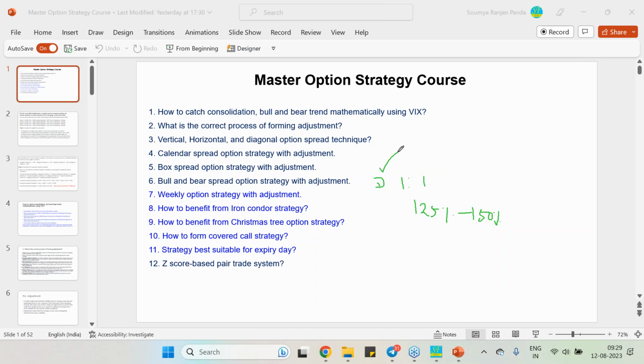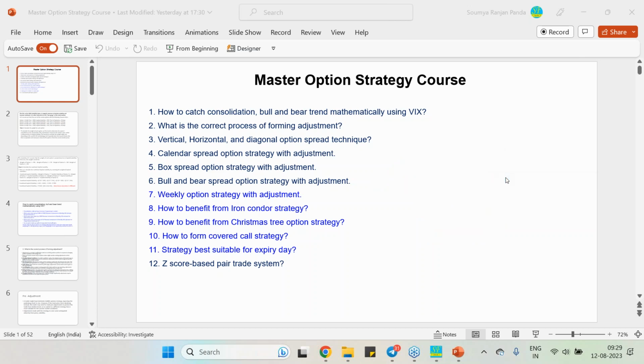Similarly, whenever you are coming to the put options, this rule has a small tweak, 100 to 125%. So this is also there. Bull bear spread, if we initiate in that order, we will also get benefited.